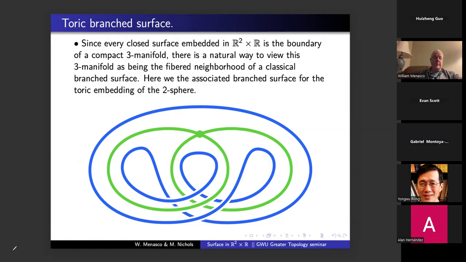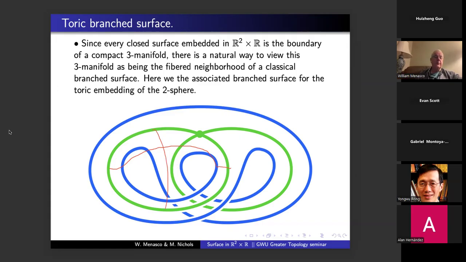Now, as it is positioned in space, there are two compressing disks to it. There's one here that is above. Here's this compressing disk, and then there's one underneath.